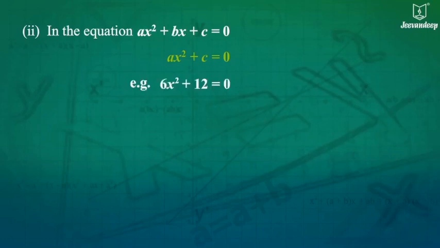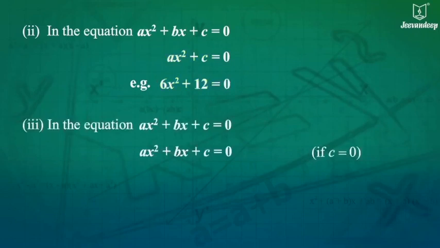For example, 6x square plus 12 equals 0. Similarly, if c equals 0, then ax square plus bx equals 0, which is a quadratic equation. For example, 2p square minus 4p equals 0.